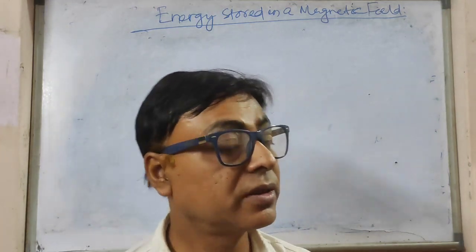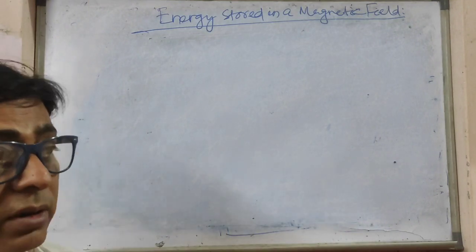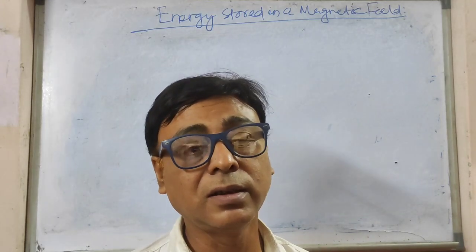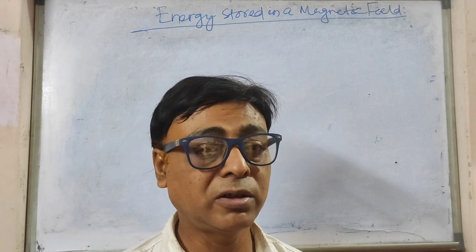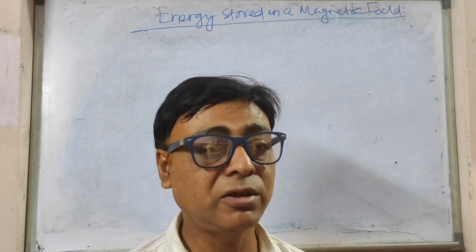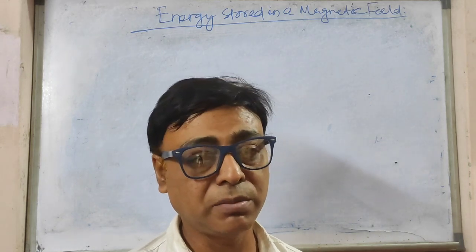Today we are going to discuss the energy stored in a magnetic field. You know that the current through an inductor cannot change instantaneously. It will take time to change, and whenever the current changes, there will be an induced EMF.